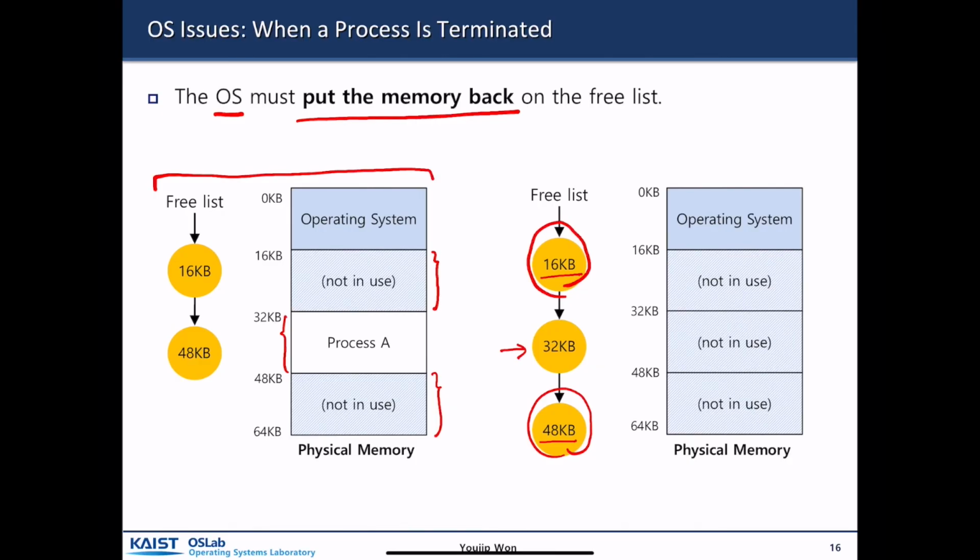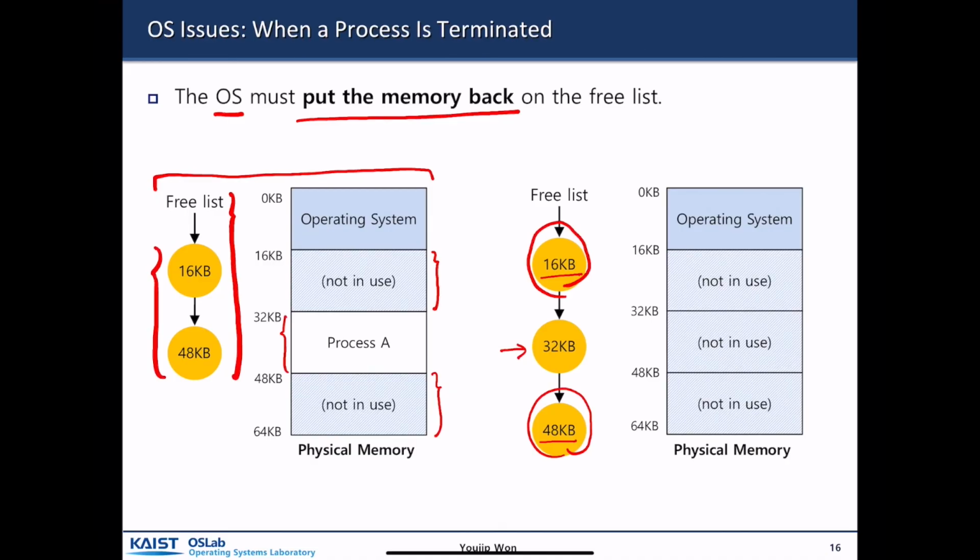The one thing you have to remember is that you do not have to maintain the nodes in some order. In this example, the nodes are sorted by the address of the individual memory chunk.